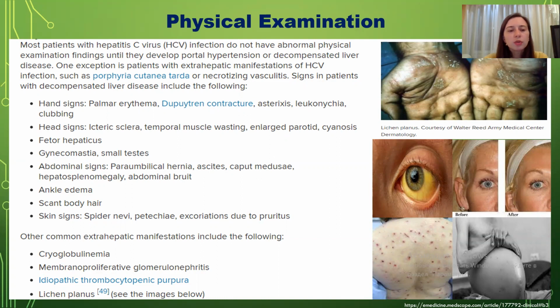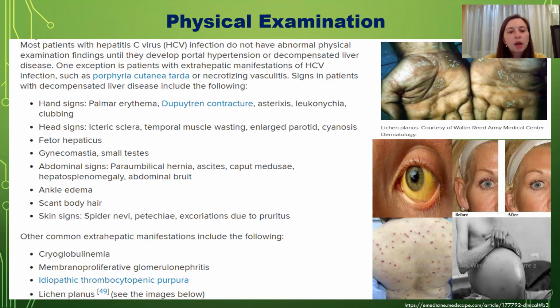Fetor hepaticus, gynecomastia, small testes, abdominal signs: paraumbilical hernia, ascites, caput medusae, hepatosplenomegaly, abdominal bruit, ankle edema, scant body hair. Skin signs: spider nevi, petechiae, excoriations due to pruritus.